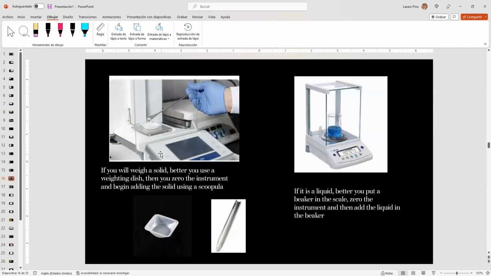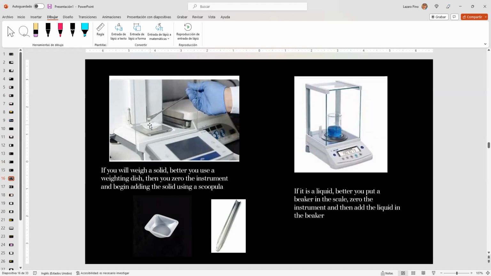Well, if you're going to measure the mass of a solid, better you use a weighing dish and a scoopula. You can take the solid with the scoopula and you put it into the weighing plate, sorry. But first, you must zero the instrument.